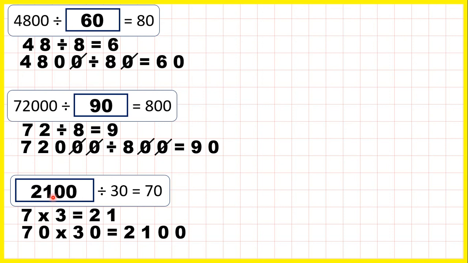So 2,100 divided by 30 is 70, and you can see it works because in the division, if we cancelled the end zeros, we would have 210 divided by 3.